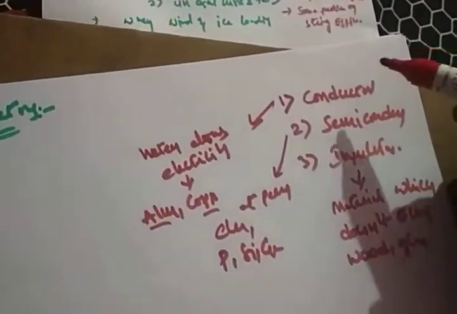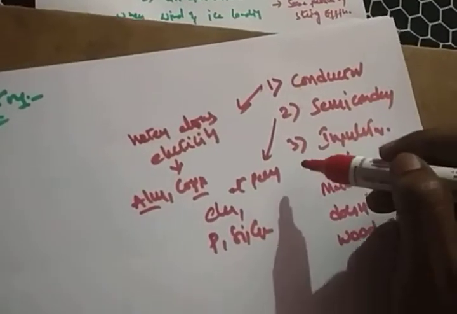Now we'll start the insulator concept in a transmission system. So basically materials are classified into 3 types: conductors, semiconductors, insulators. Conductors allow the electricity, for example aluminium, copper. Semiconductor means at a particular condition, at a particular temperature only, it allows the electrons, it allows the current.